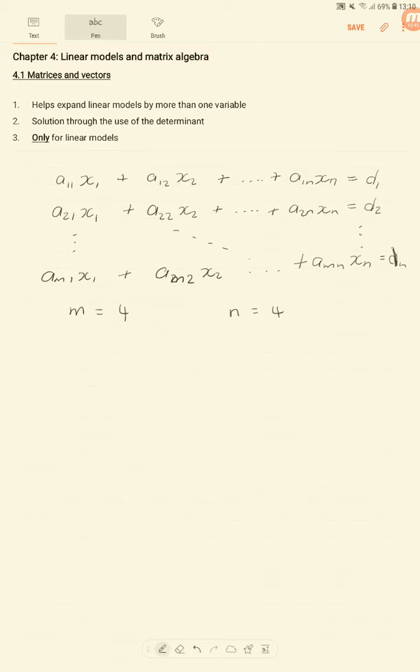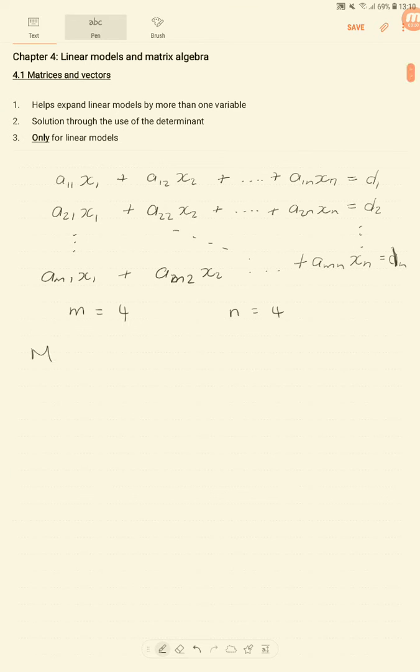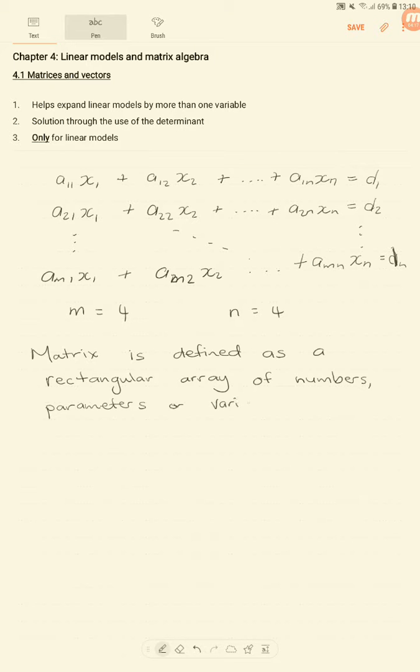So a matrix is defined as a rectangular array of either numbers, parameters, or variables.